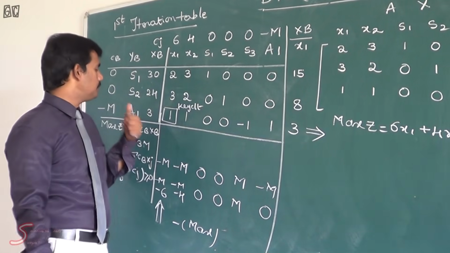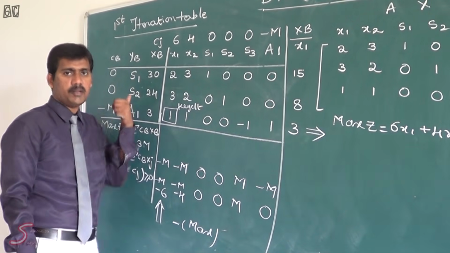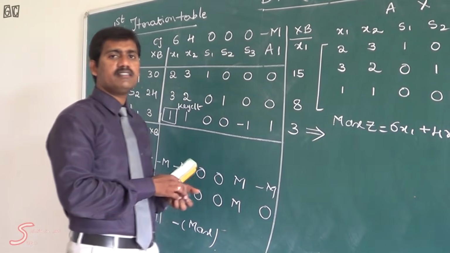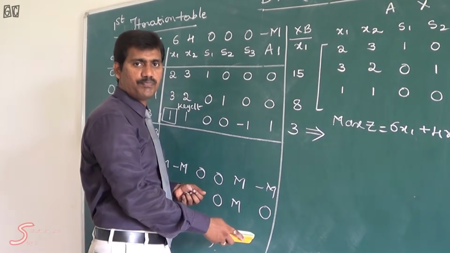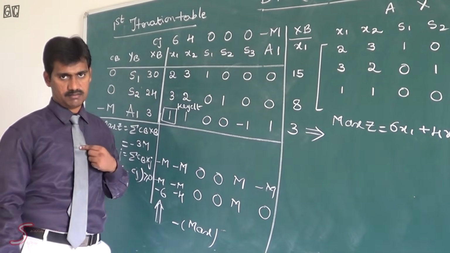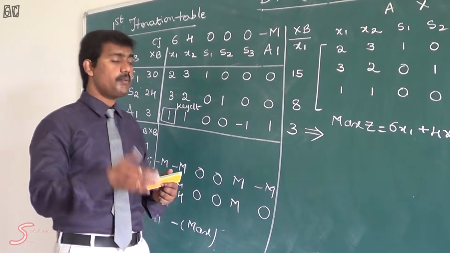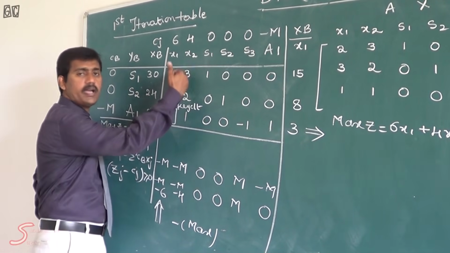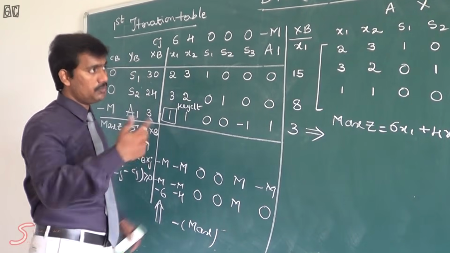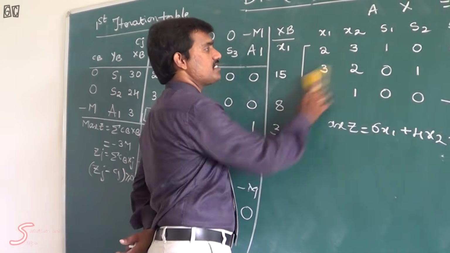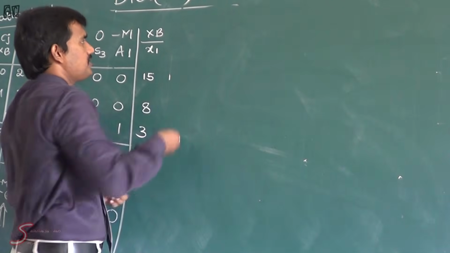When an artificial variable leaves, we have to delete its entire column, but not in the case of the simplex method. After that, we have to make these two elements 0. Now the second iteration table is as follows.